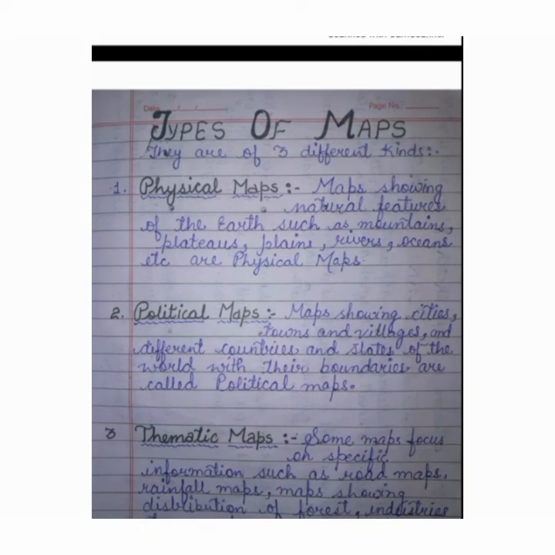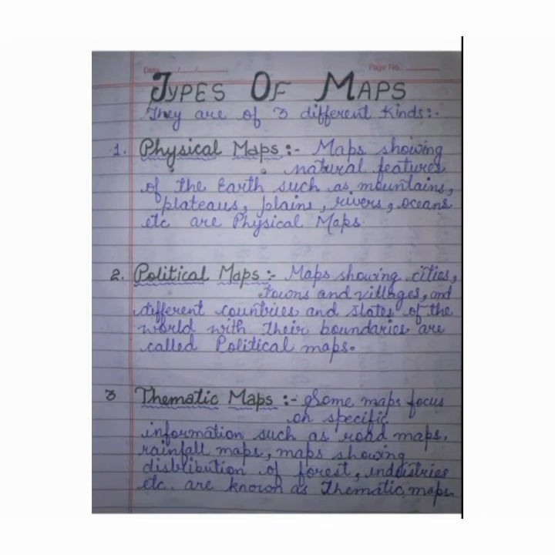Then when I talk about thematical mapping, it is theme based. So I am trying to reveal certain information like road map, climate map, agricultural map, rainfall map, pollution, population distribution map, mineral and industrial map and many more.